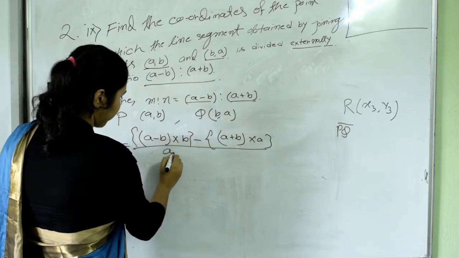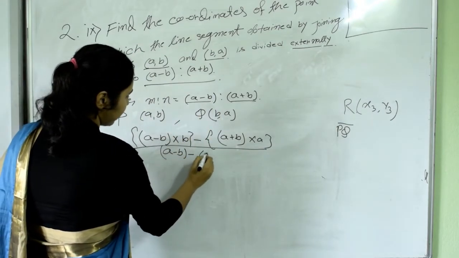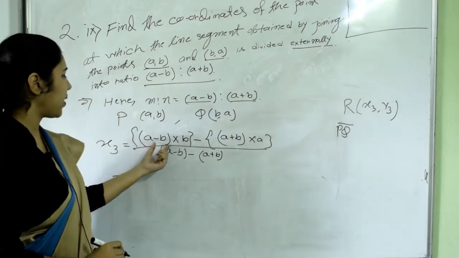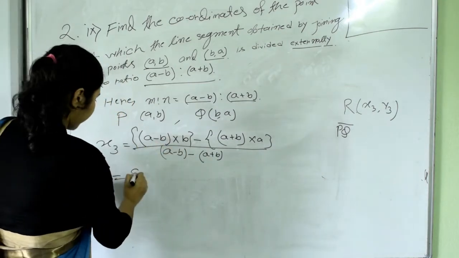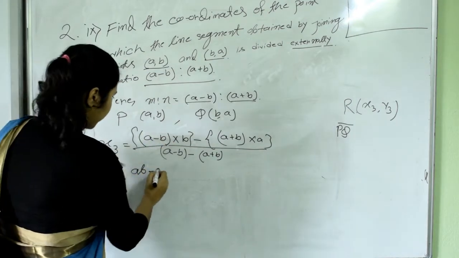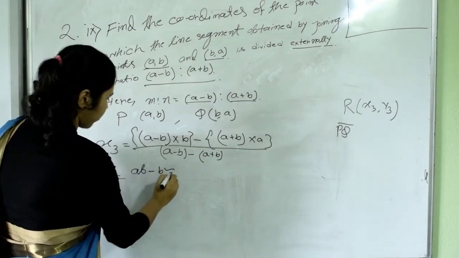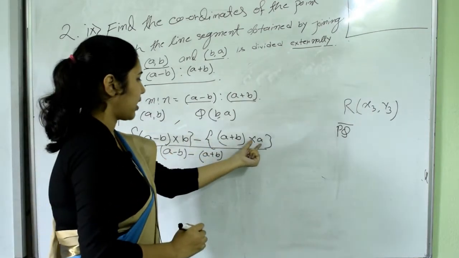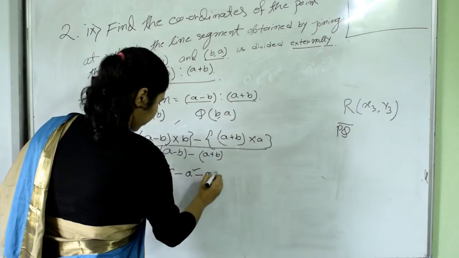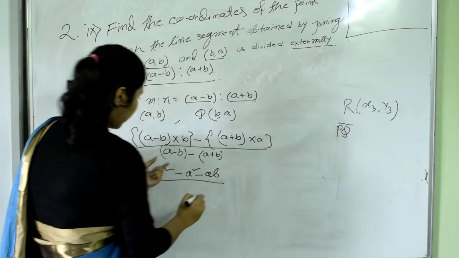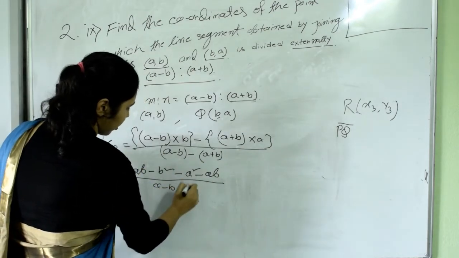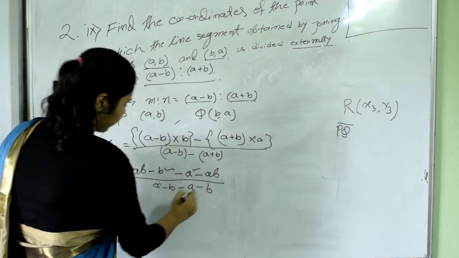So (a minus b) minus (a plus b) in the denominator. Right? Now first multiply (a minus b) by b. So we get ab minus b square, minus again a square minus ab, by (a minus b) minus (a plus b).